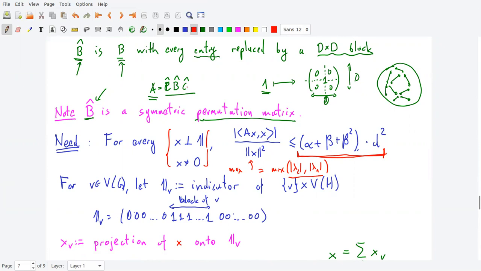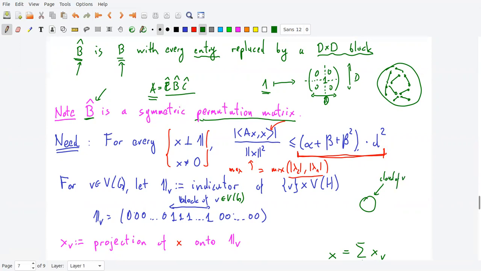So now we need to understand this vector x that we have, and actually we need to understand what is this expression, the scalar product of Ax with x. We will be again dividing things into a parallel part and an orthogonal part, but we need to be careful about this. So first of all, for every vertex v of the graph G, we have this cloud corresponding to the vertex v, the cloud of v.